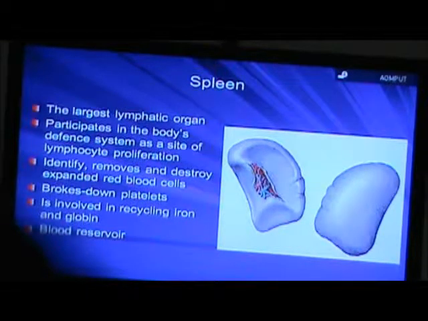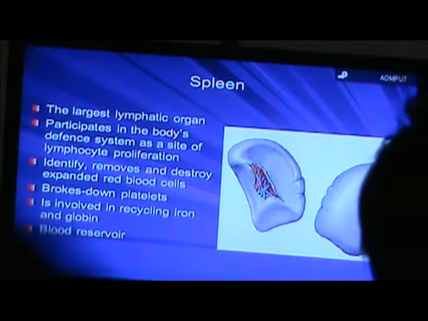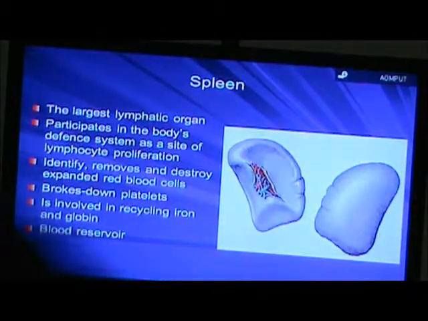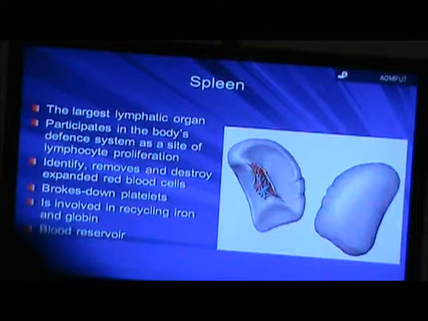So we need to remember that the spleen can rupture, and there is a huge hemorrhage into the abdominal cavity.